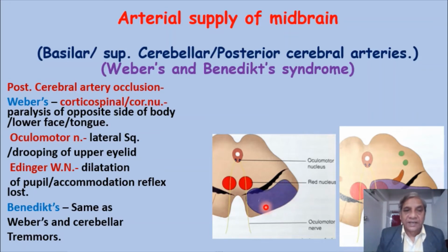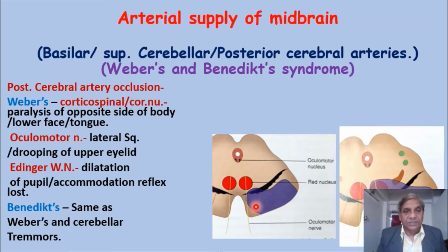supplying on this side. This is Weber syndrome, and here the tracts which are going in this area will be affected, and these are the corticospinal and the corticonuclear tracts, which will ultimately form the pyramid.